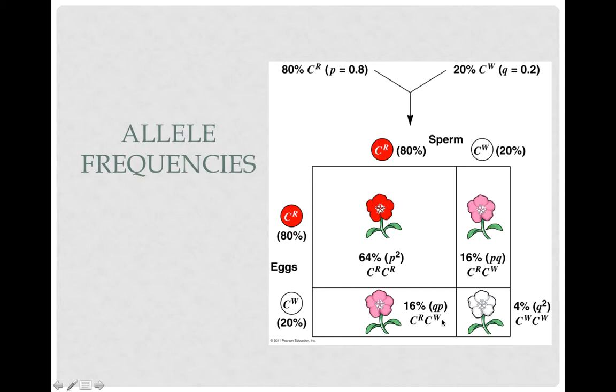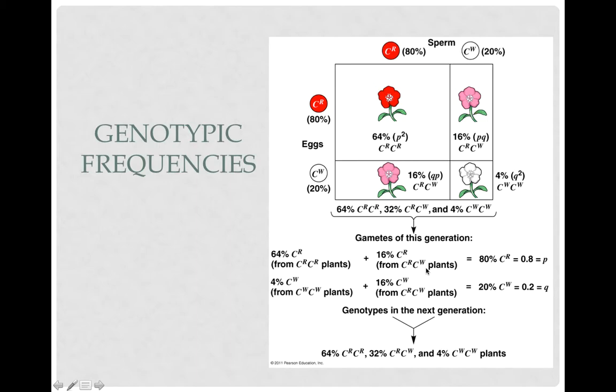And CW accounts for 16% here and 16% here. When we expand this to consider the genotypic frequencies, we say that 64% are CR from this group.